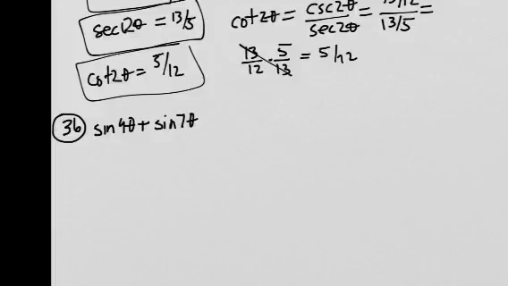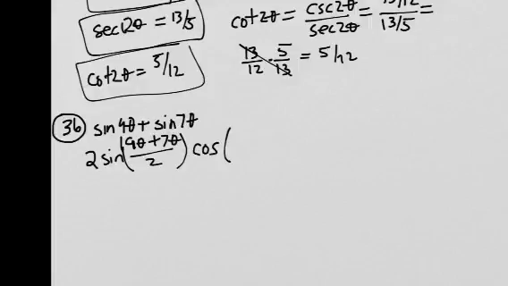Once you match it up, you will find that you get 2 times sine of the first angle, 9 theta, plus the second angle, divided by 2, times cosine of the difference of the first angle and the second angle, divided by 2.